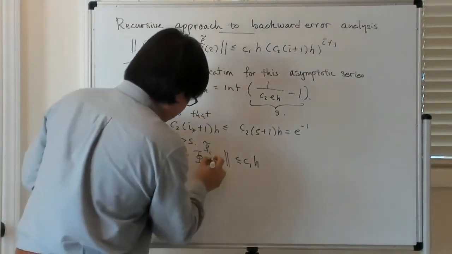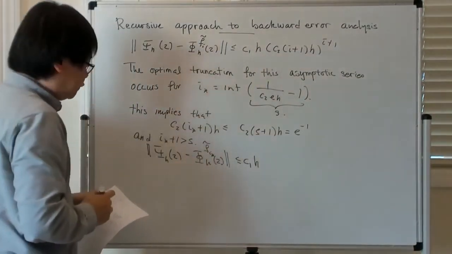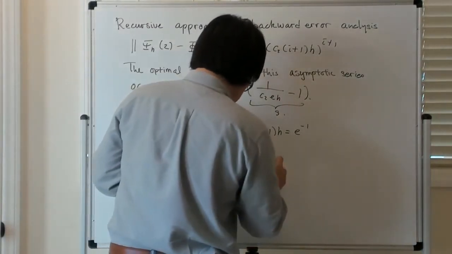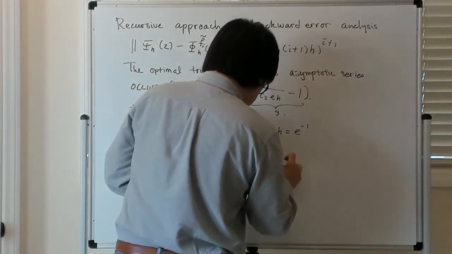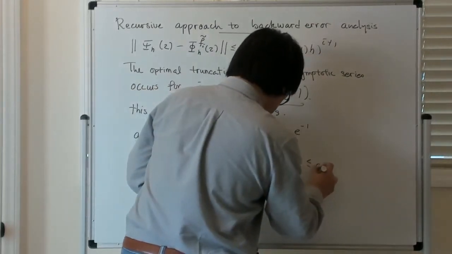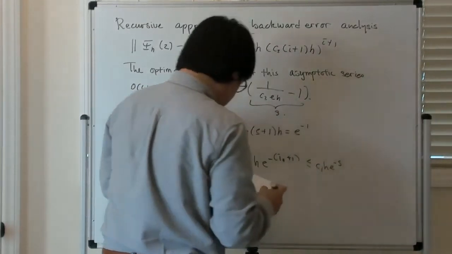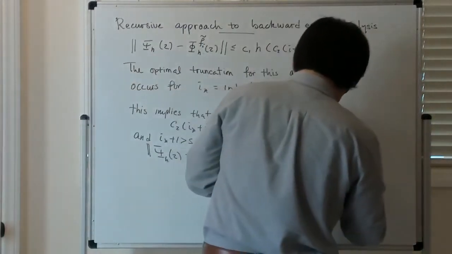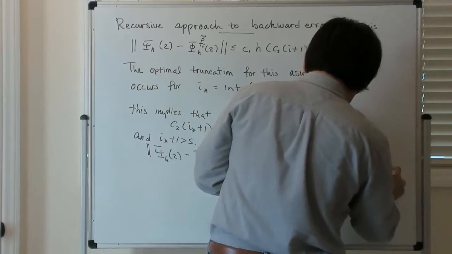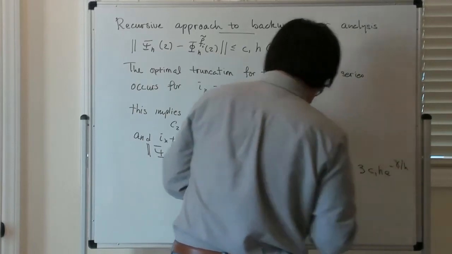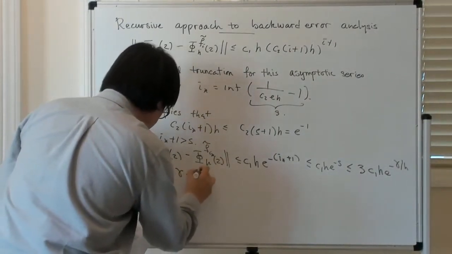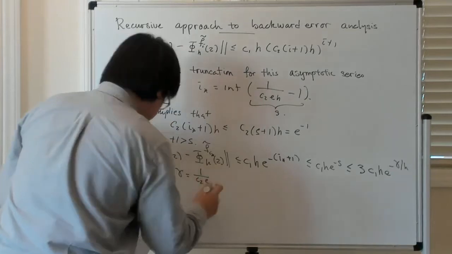I should do this for the optimally truncated vector field, f tilde I star. This is less than or equal to C1 h e to the minus (I star + 1), which is less than or equal to C1 h e to the minus S, and I can write this as less than or equal to 3 times C1 h e to the minus gamma over h, where gamma is equal to 1 over C2 e.